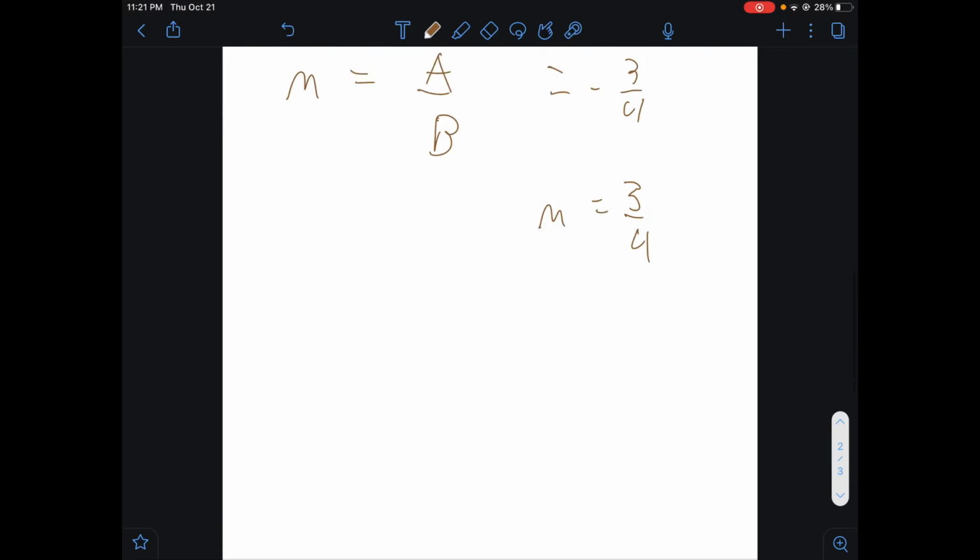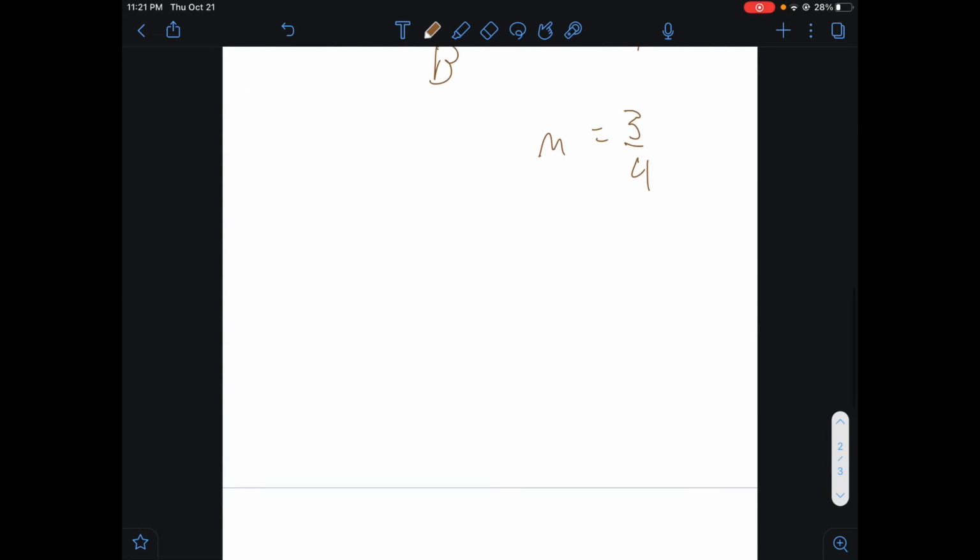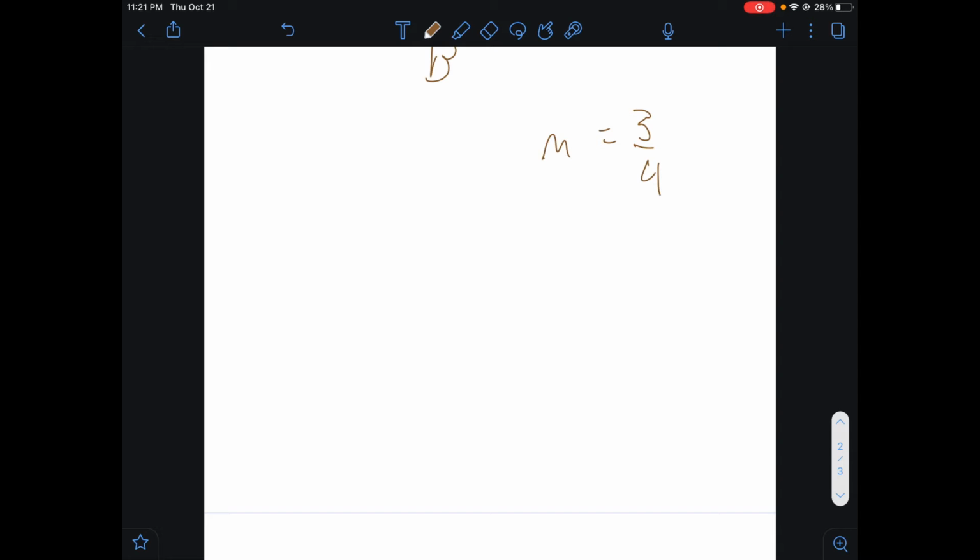After that, to find the y-intercept, you're gonna need to label the equation. So put m equals negative 3 over 4, and we're gonna label the point that it goes through, 2 and negative 2.